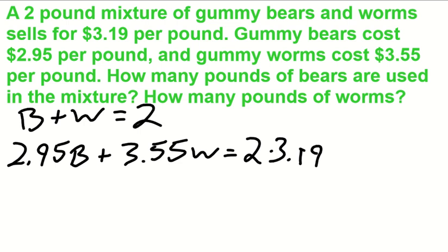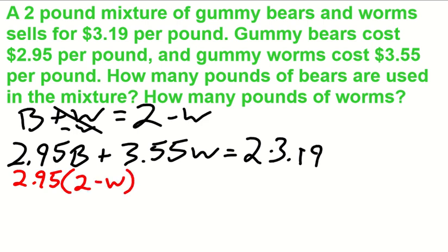All right, so since bears are smaller or lower price, I'm going to subtract W from each side. So my B will equal 2 minus W. So I'll substitute 2.95 times 2 minus W plus 3.55W equals, what's that got to be, 6.38, 2 times 3.19.